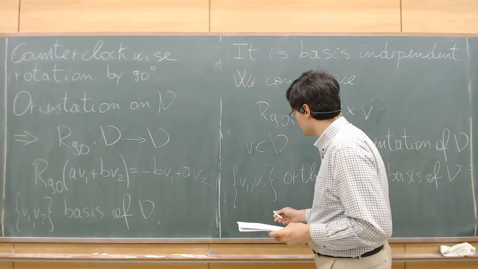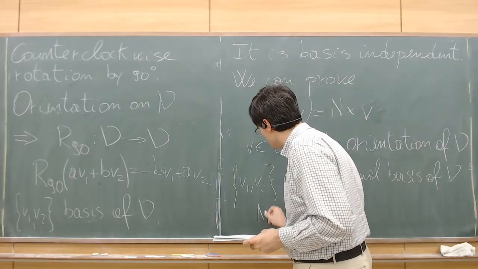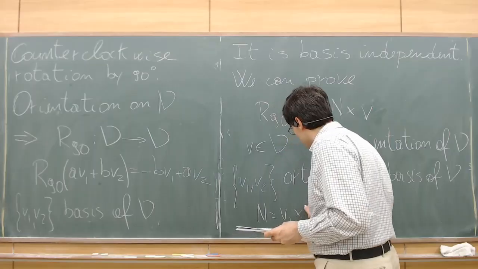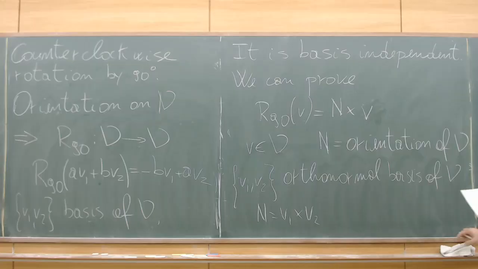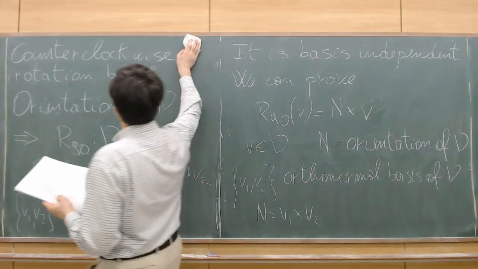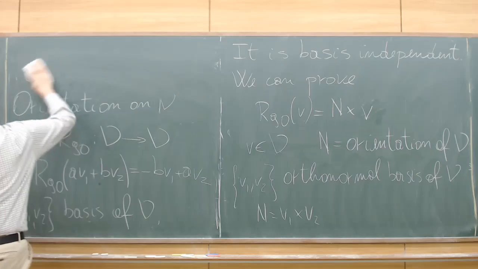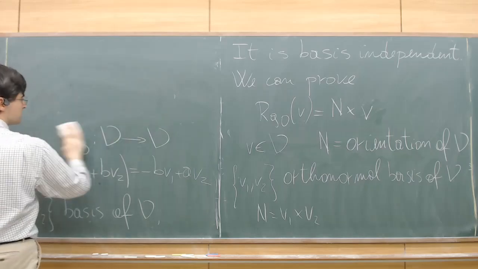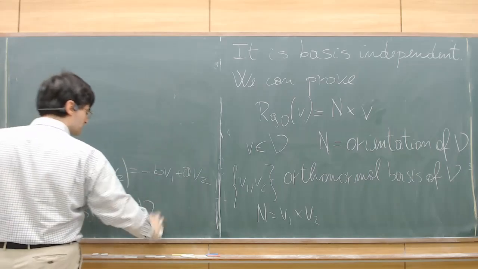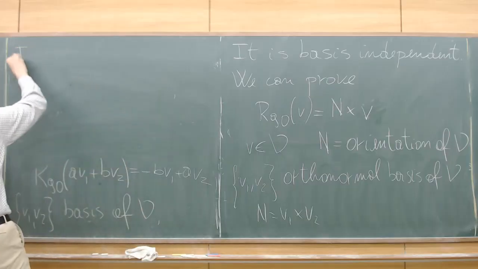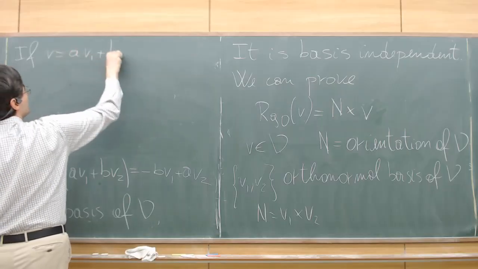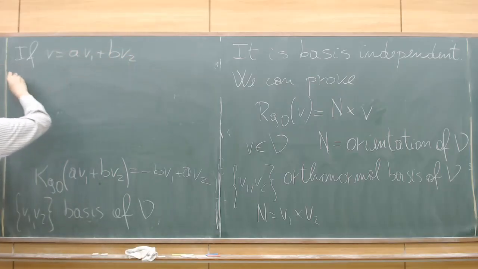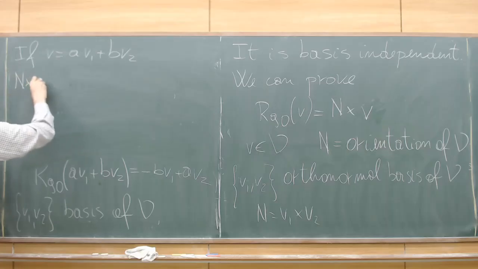Then you can choose, for example, n to be V1 cross product V2. Then if v is equal to a V1 plus b V2, what is n cross product v?